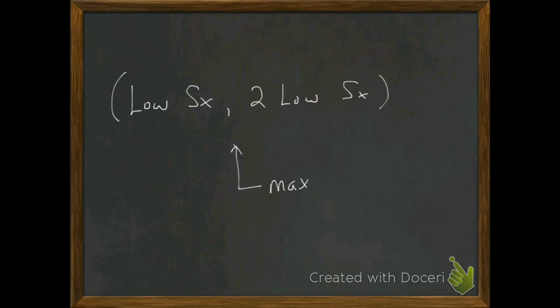Now, there's another rule of thumb to test the equal variances that's actually pretty solid. If you take the lowest standard deviation, multiply that by 2, as long as the maximum standard deviation is in this interval, then we're pretty safe with the equal variance assumption.